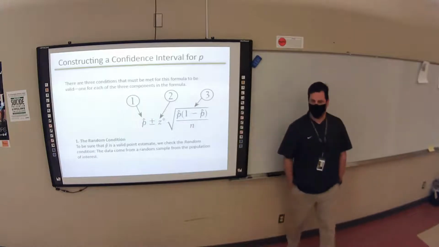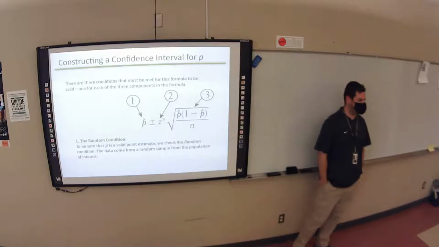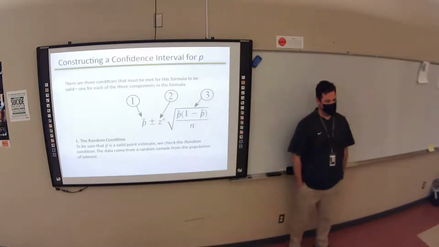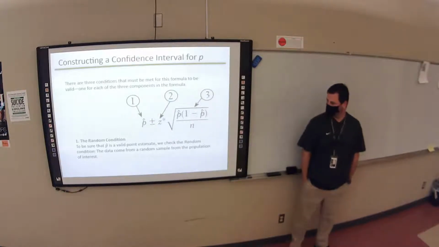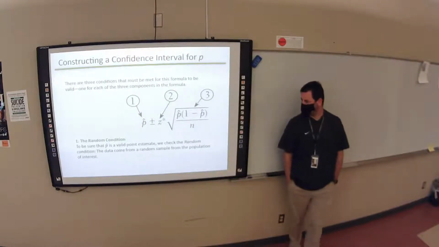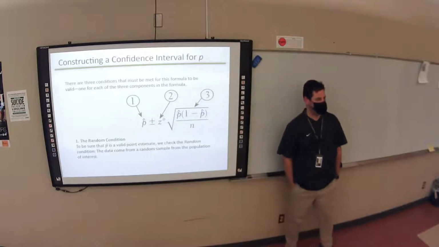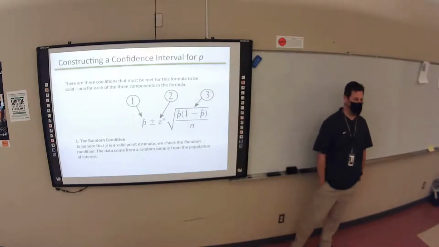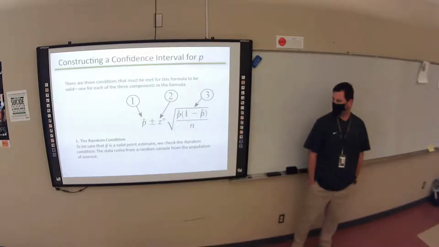Be sure that p hat is a valid point estimate. We know it's valid if it came from a random sample. The data must come from a random sample from the population of interest.